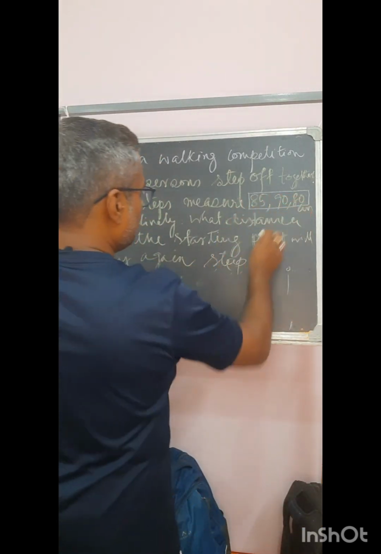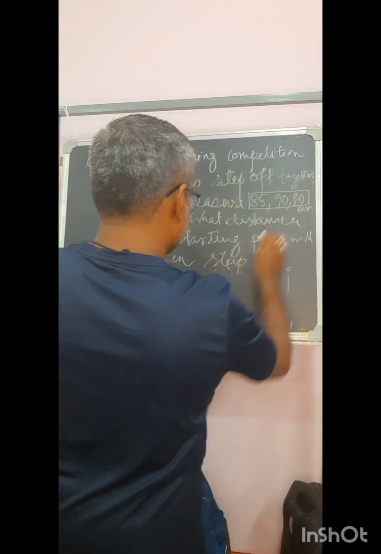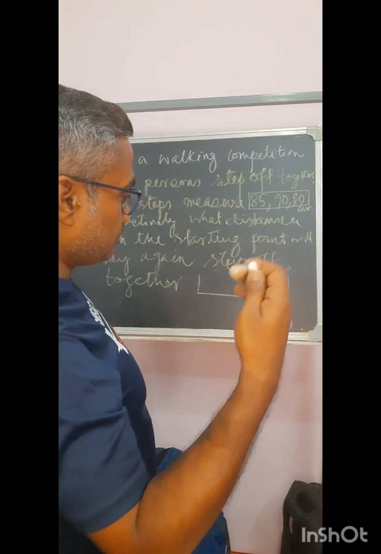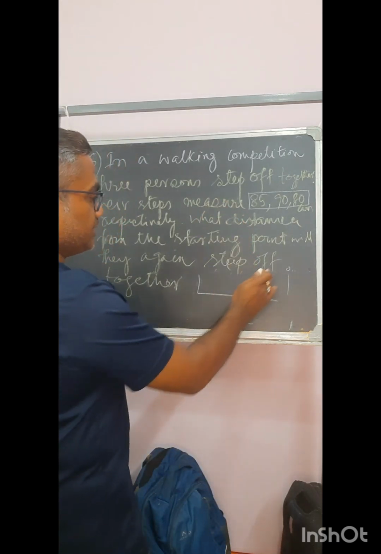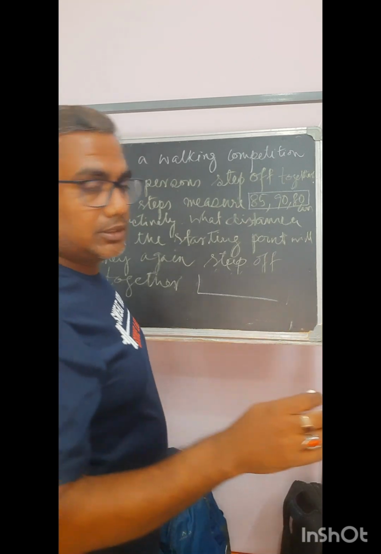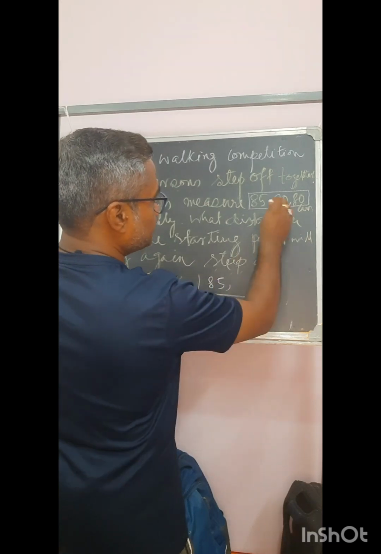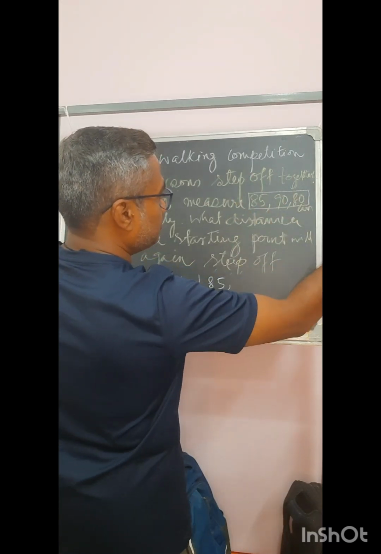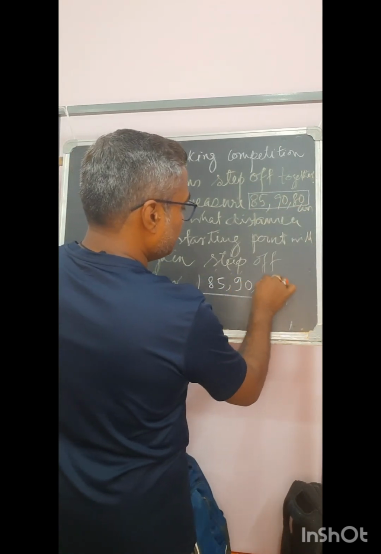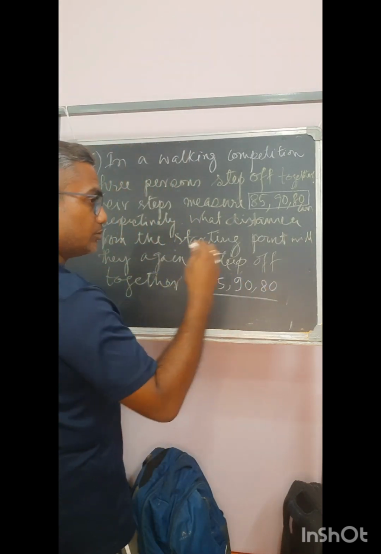So it must be the LCM of these numbers. Once you understand this concept, the problem becomes very easy, and you can finish it in no time. Since you have to find a common multiple of these three where the numbers match, it has to be the LCM, the lowest common multiple.